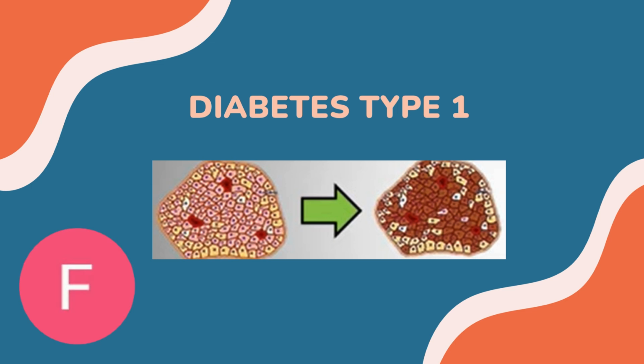Diabetes type 1 is an autoimmune disease because the immune system does not recognize beta cells nor insulin and destroys them, causing necrosis of the islets and insulin deficiency.